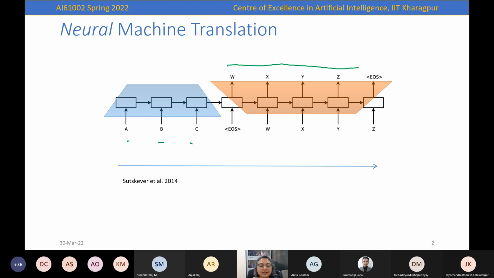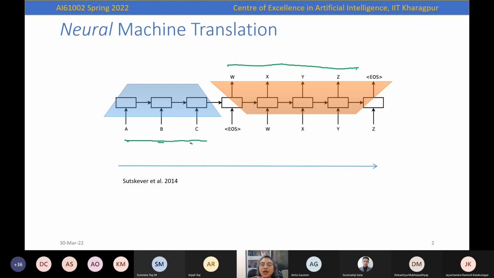But these two sequences are not necessarily aligned, and the length of the English sentence and the length of the Hindi sentence may be different. So what the encoder-decoder model does is that it first takes the input sequence, and after it has completed looking at the input sequence, it then starts generating the output.